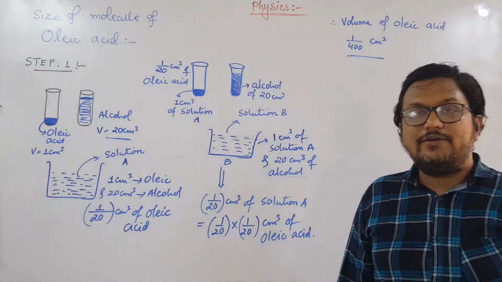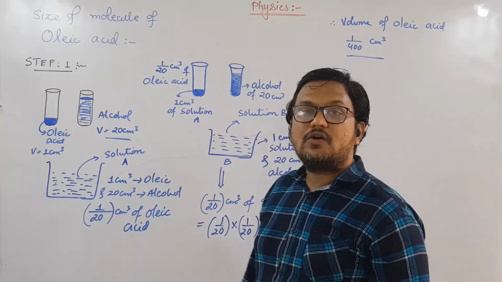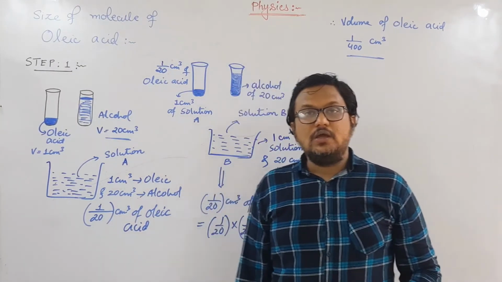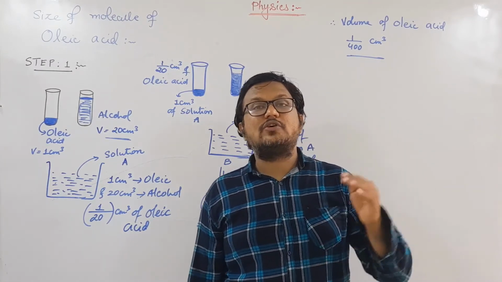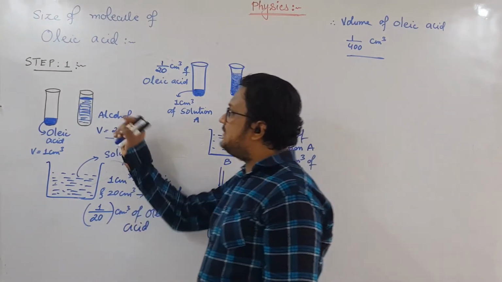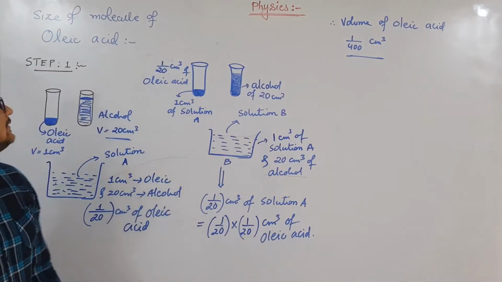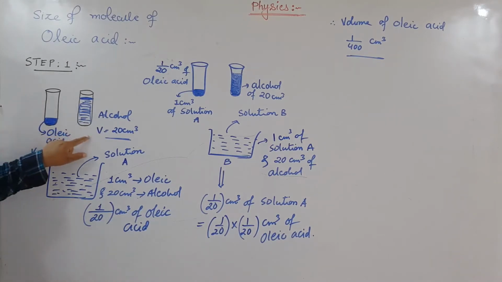So let us quickly revise this. What have we done? The first step to find the size of molecules of oleic acid is to dilute oleic acid, that is, we have to reduce the concentration of oleic acid. So for that, our first step is to dilute oleic acid. In our first step, we have taken two test tubes, and in one test tube we have taken 1 centimeter cube of oleic acid, while in another test tube we have taken 20 centimeter cube of alcohol.